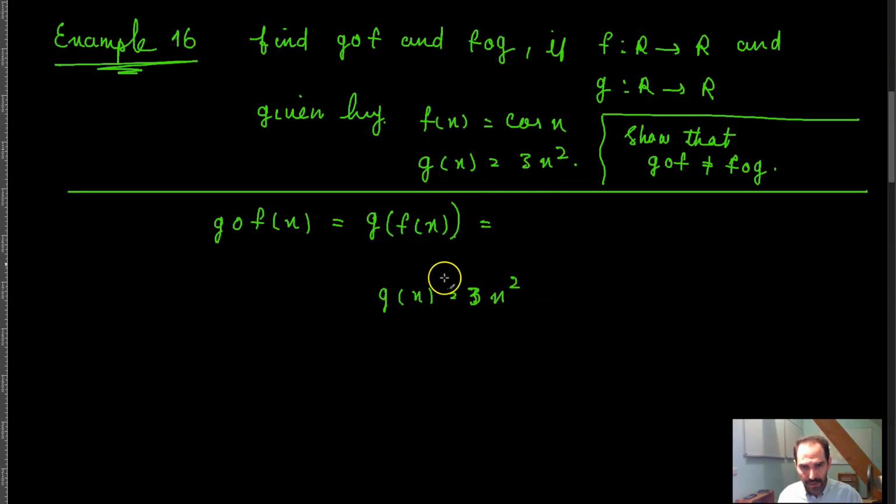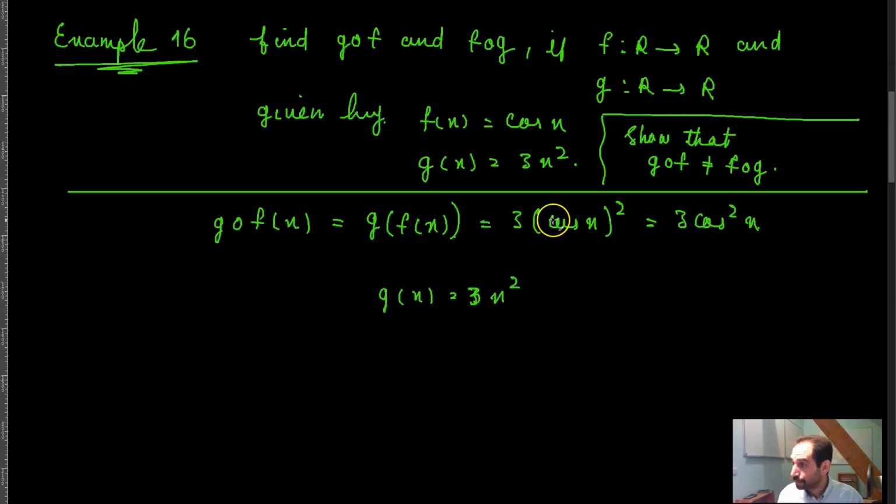Now here your x becomes f of x, and f of x is equal to cos of x, which means that wherever you see x, you replace it with f of x. So that becomes 3 times cos of x whole squared, which is equal to 3 cos squared x.